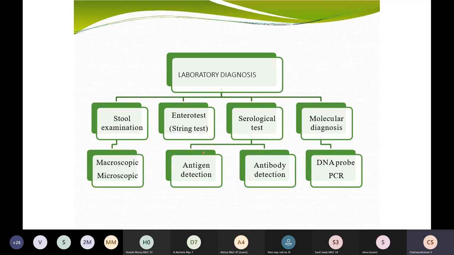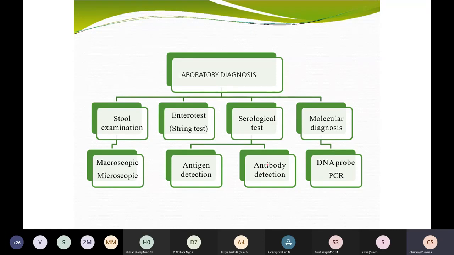So how can we diagnose this parasite or the infection? It can be done by four types of tests. The first one is stool examination, the next is entero test, commonly known as string test. You need to remember, string test. Another is serological test, where antigen or antibody can be detected.